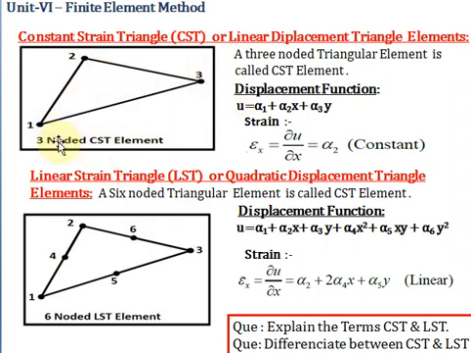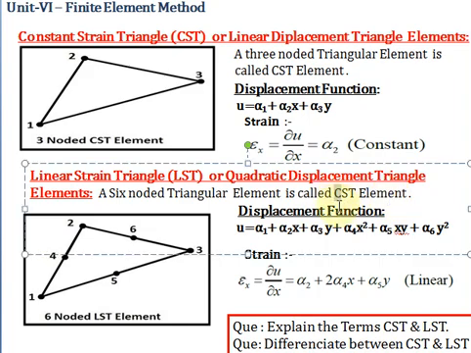In a CST element there are 3 nodes, in an LST element there are 6 nodes. This is the first difference. The second difference is that a 3-noded triangular element is called a CST element, whereas a 6-noded triangular element is called LST.